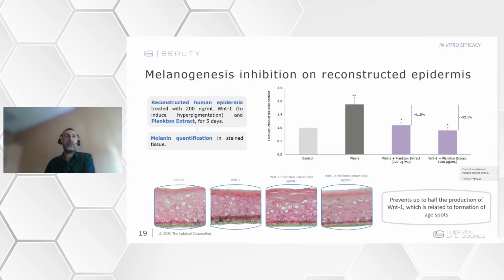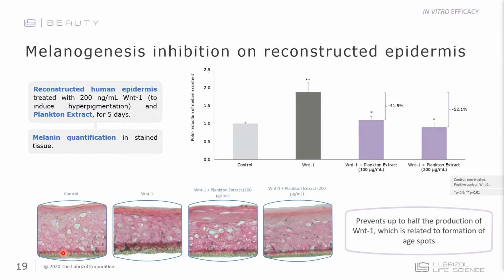Finally, we have in vitro results for the reconstructed epidermis. In normal conditions, we can see some amount of melanin that is produced here and transported directly to the basal layer of the keratinocytes. When we add WNT1, that increases the melanin synthesis, we can observe how melanin is increased.